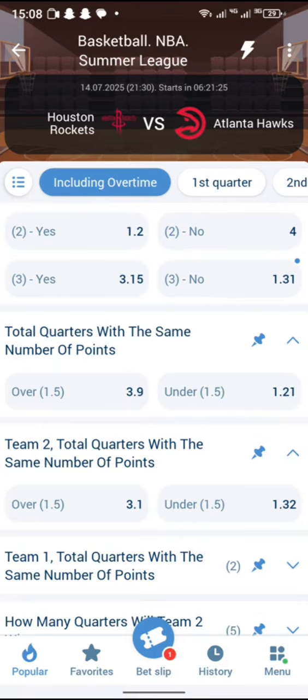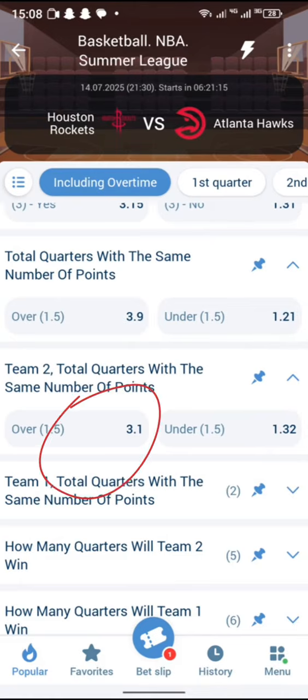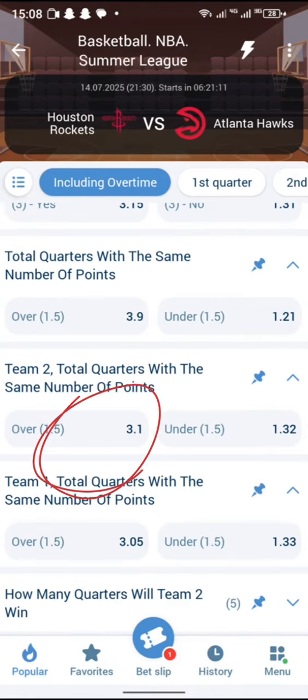The total quota with the same number of points is for the general match, the overall match, and it applies to both teams. Now we have the option for the individual teams, which is team one and team two. If you are going for team one, it's for the home team, which is Rockets. If you are going for team two, it's for the away team. So don't be confused, guys, but I will still explain.